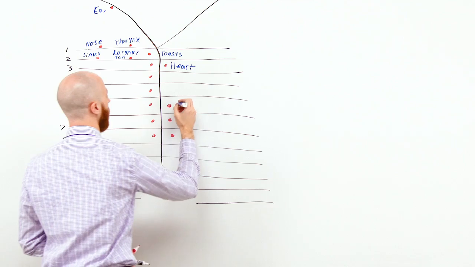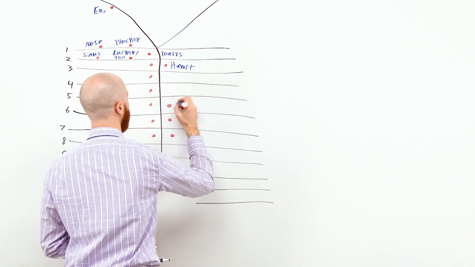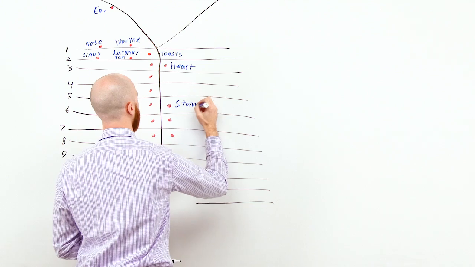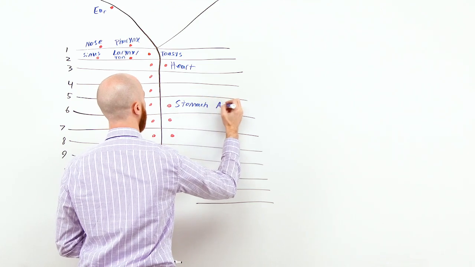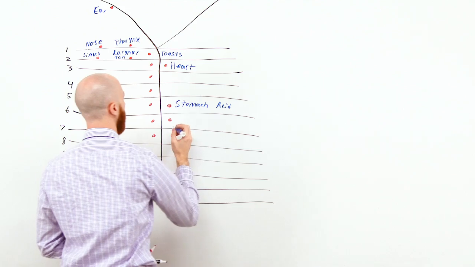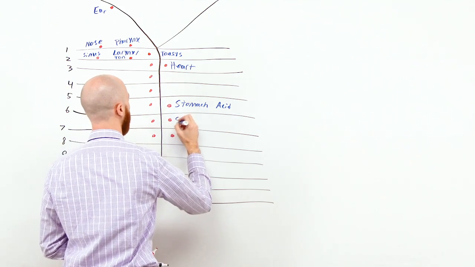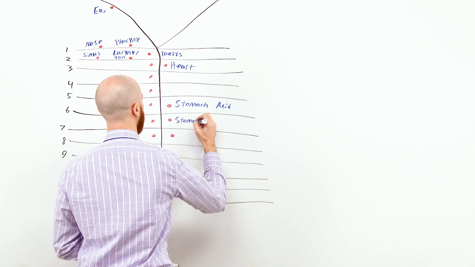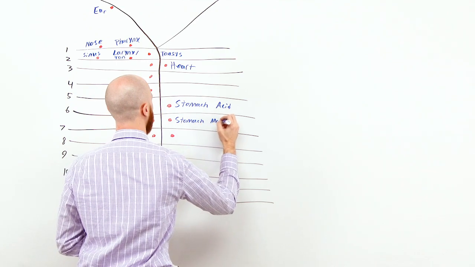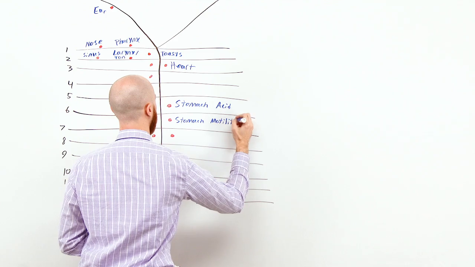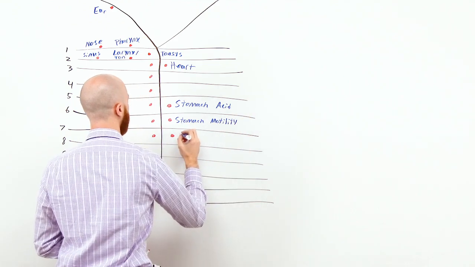Continue to move down, and this one's for stomach acid. The next is for stomach motility. And then you have the spleen.